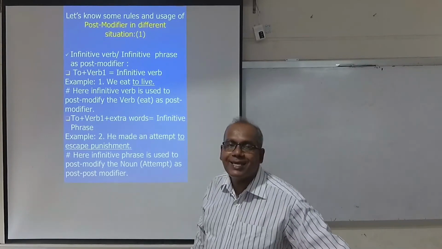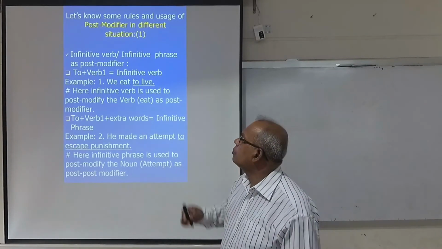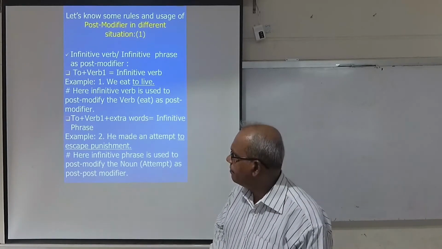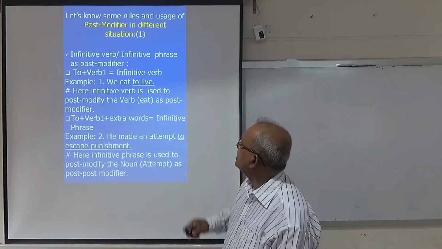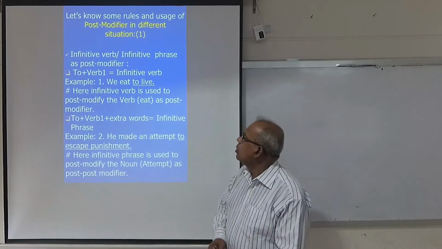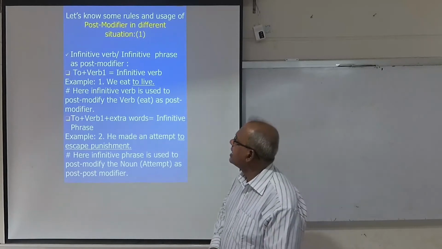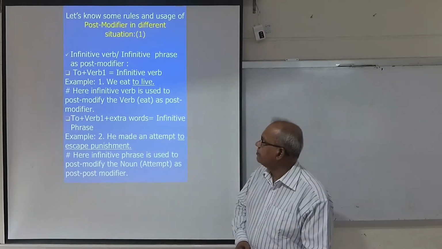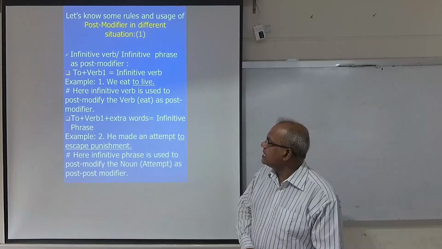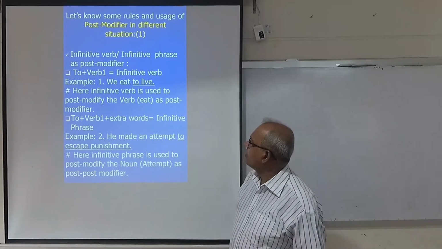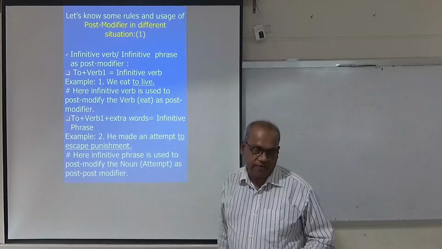Infinitive verb: we can simply say to plus verb, that means the present form of the verb. It is called an infinitive verb. Example: we eat to live. To live is used here as an infinitive verb. In this sentence, the infinitive verb is used to post-modify the verb eat as a post-modifier.